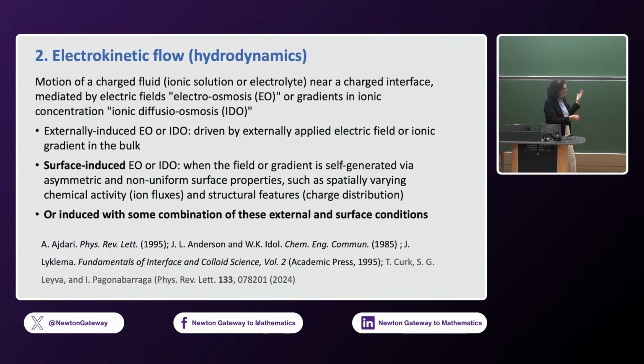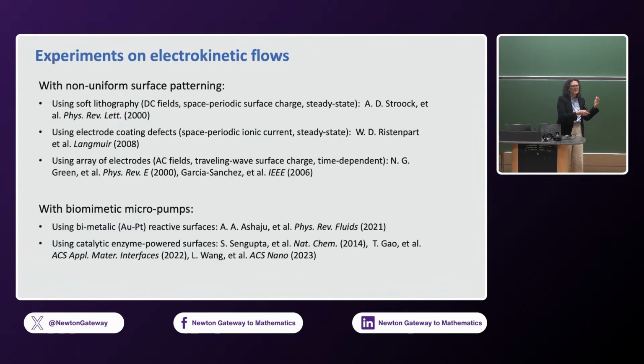So there are many groups that have worked on it. Generally, you will need an external field or something when you put a pattern to generate this velocity of the fluid. I'm not calculating conductivity. I'm just calculating the transfer of the fluid, okay?